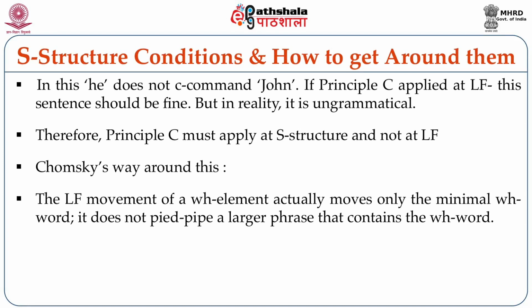Chomsky, in his way, found a way around this problem. He tweaked the system by saying that LF movement of a WH element actually only moves the minimal WH word. It does not pied-pipe the larger phrase that contains the WH word.